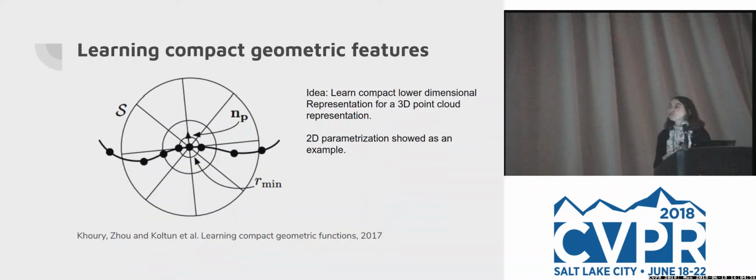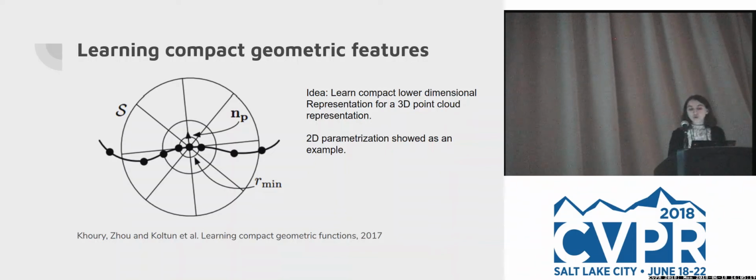This representation builds a 24-dimensional vector, and if you build an analogous representation for 3D, it will be on the order of a 2,000-dimensional vector. Of course, you can use this 2,000-dimensional vector to match, to register, for example, two point clouds and so on.